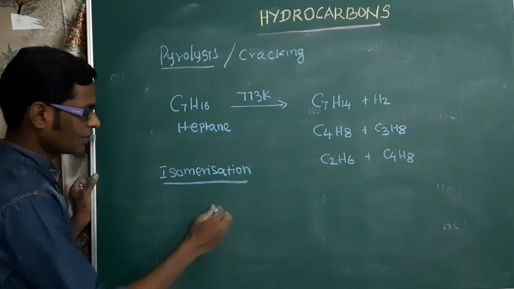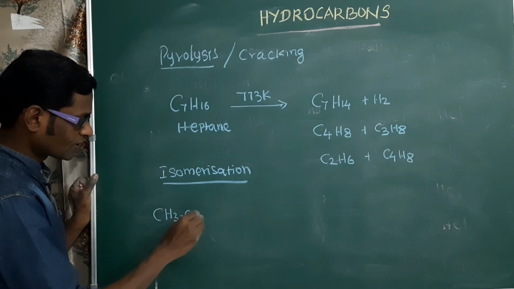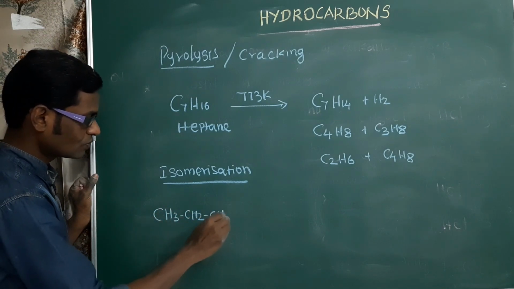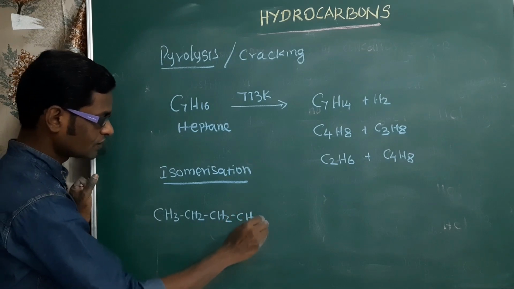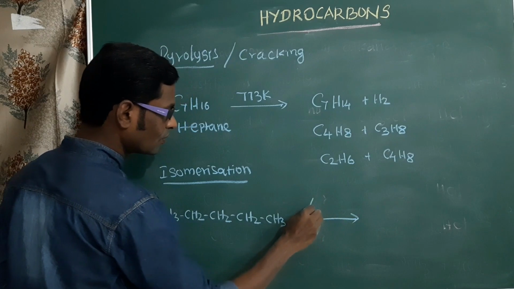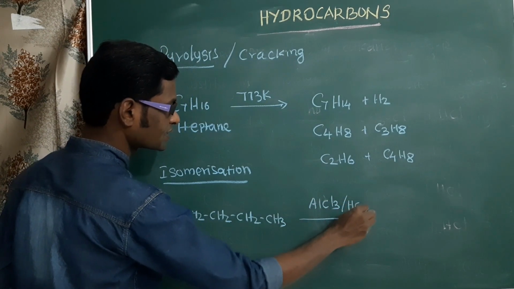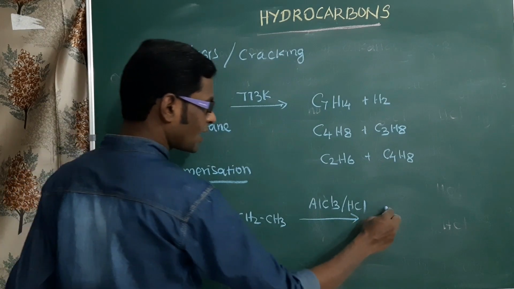When n-hexane, molecular formula CH3-CH2-CH2-CH2-CH2-CH3, is treated with anhydrous aluminum chloride and hydrochloric acid, isomerization occurs.